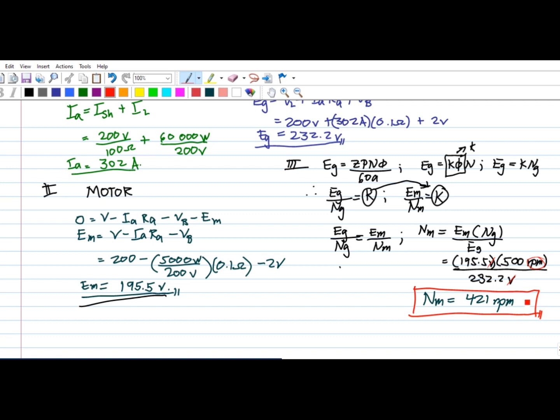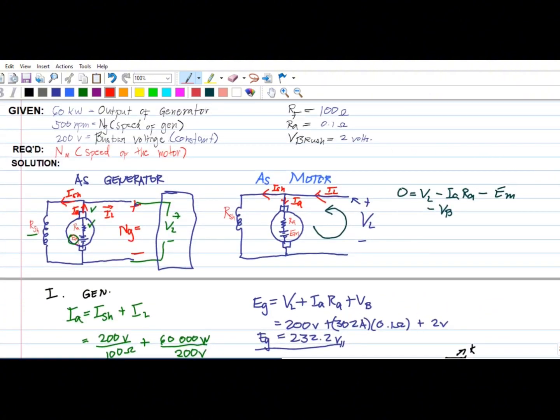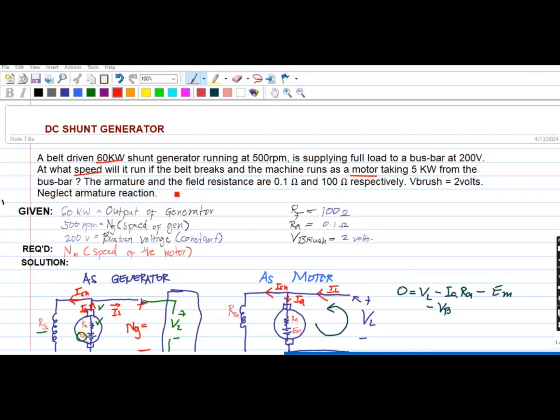Okay, that's all. So we have the answer of 421 RPM.